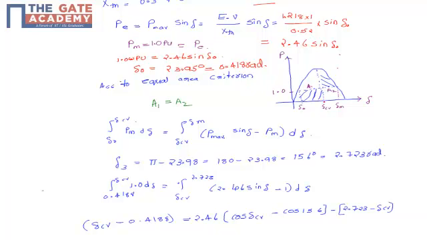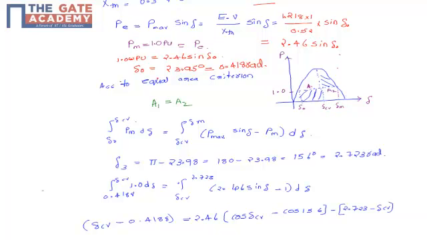Now we have to find delta CR, the critical clearing angle. This is the diagram for the complete question, where delta naught is given as 0.418 radian. Here A1 and A2 are the areas, with delta CR and delta M marked.